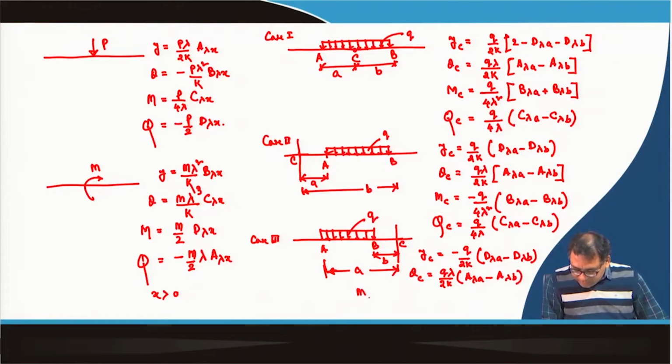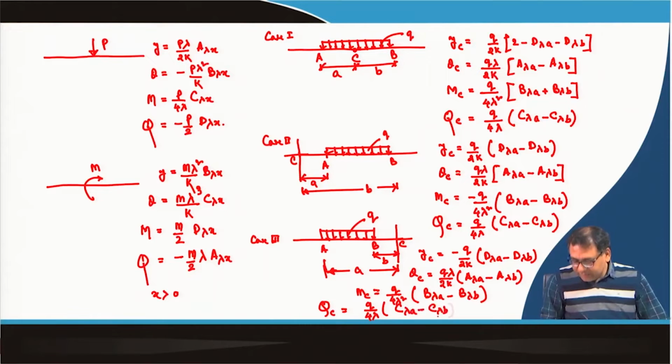Then the moment at C is q by 4 lambda square B lambda a minus B lambda b, and the shear force at C will be q by 4 lambda C lambda a minus C lambda b. So, these are the expressions.